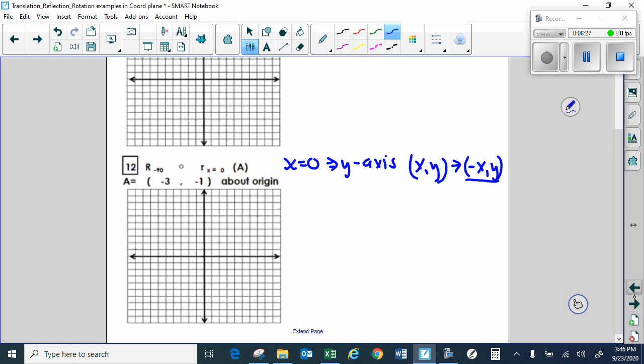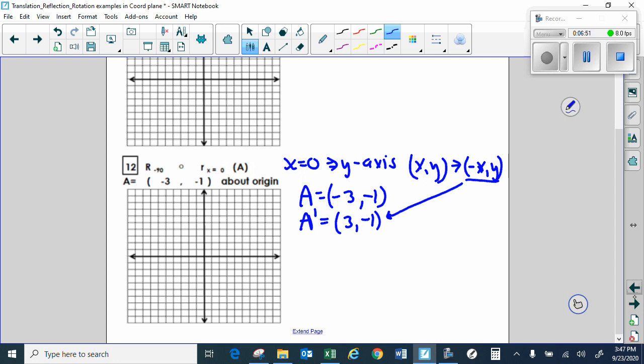Okay, so I can actually do this straight out by numbers if I wanted to begin with. So A equals -3, -1. A prime, since that's a nice one that works, it's negative x, y. That becomes 3, -1. Okay, applying this, it's right there.